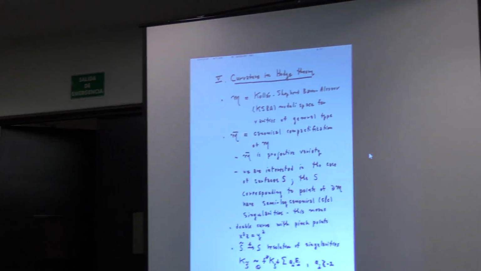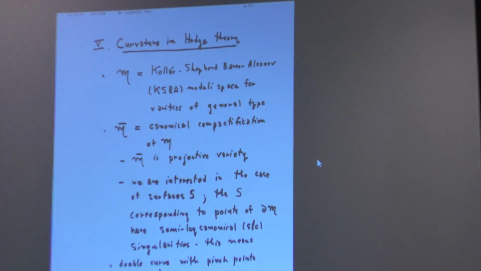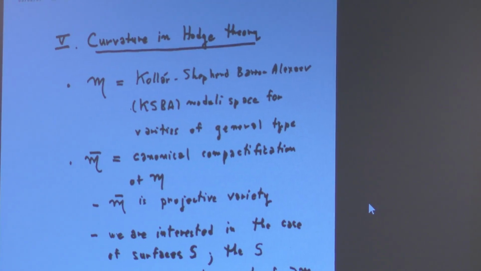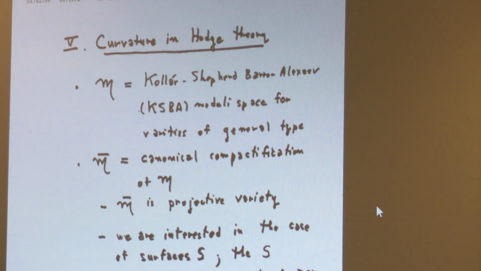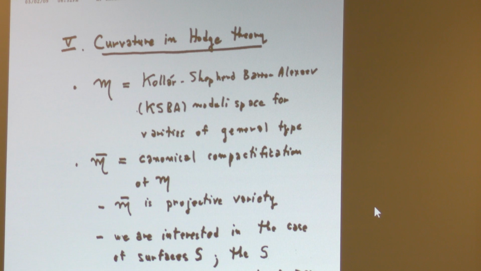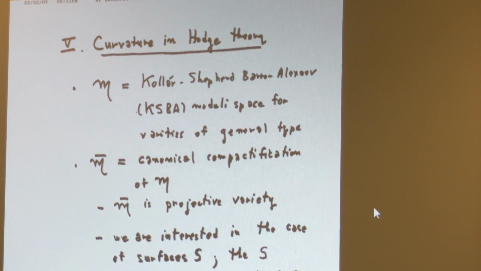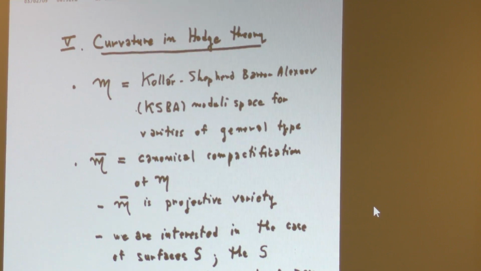So what I'd like to do is talk a little bit about how curvature comes in through Hodge theory to study moduli of algebraic surfaces of general type. Moduli of K3 surfaces is a very classical subject, a lot of work, very beautiful subject.